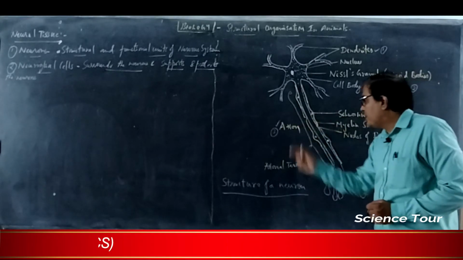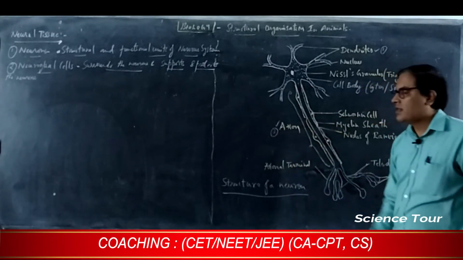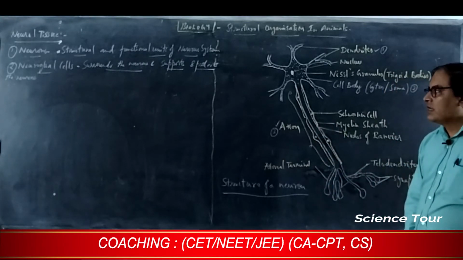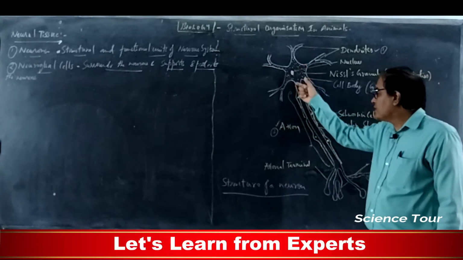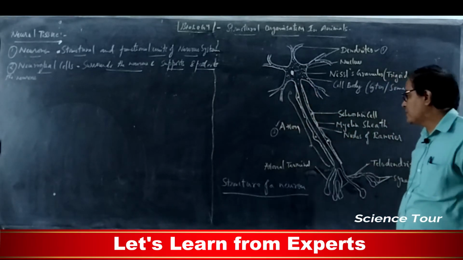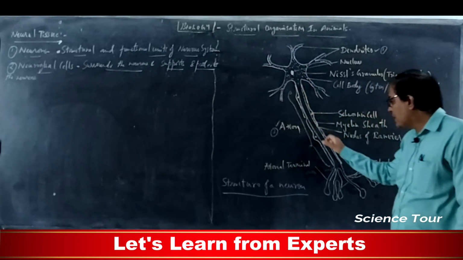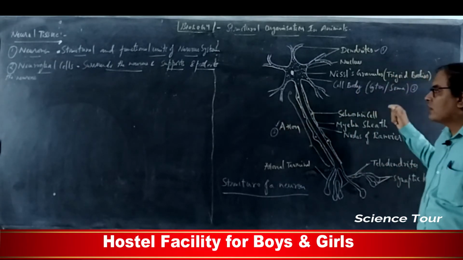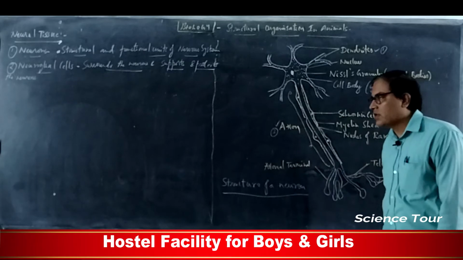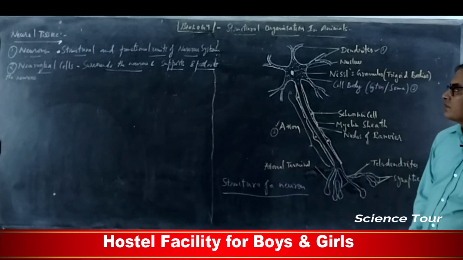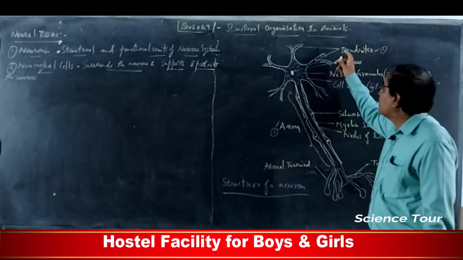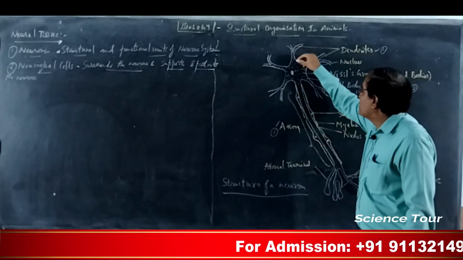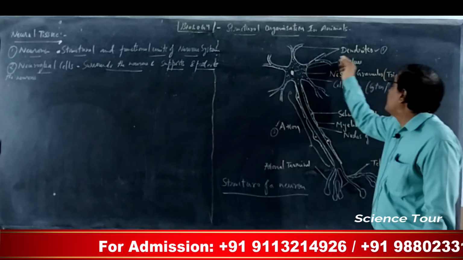When you stimulate a nerve cell or nerve tissue, it passes electrical impulses or signals from one neuron to another neuron. Those signals are received by the dendrites.